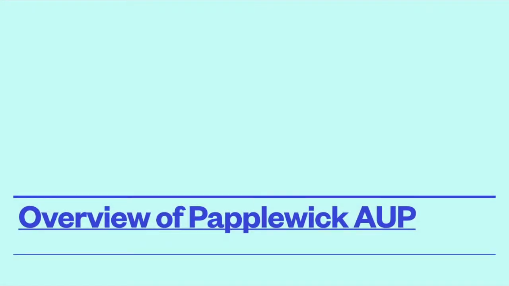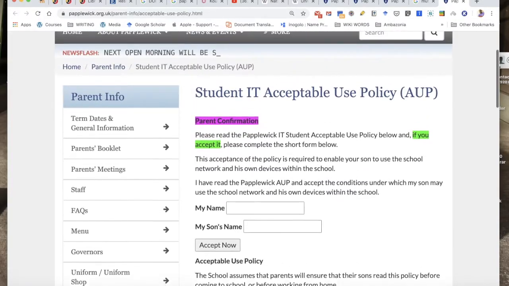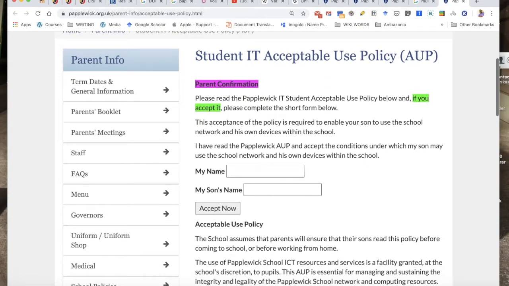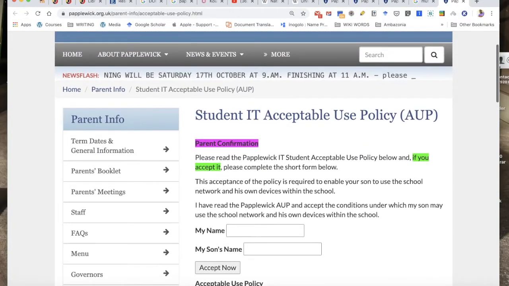So I'm going to move now to the school's AUP and highlight a few points from it. Here is the school's AUP. As you can see, there is a consent form. Unfortunately, the school does not have a teacher AUP. It only has a student AUP.